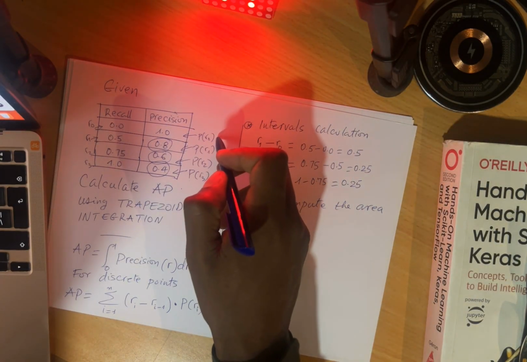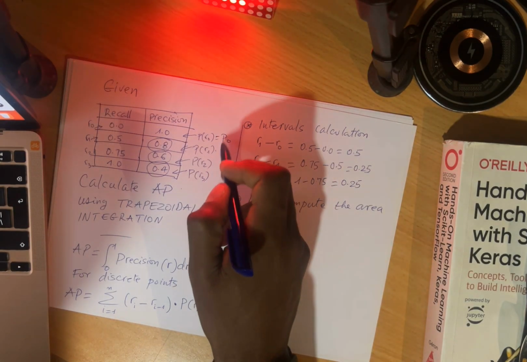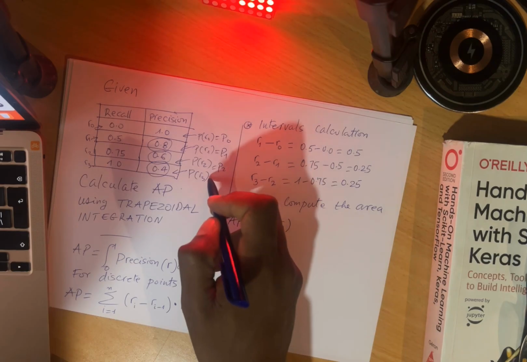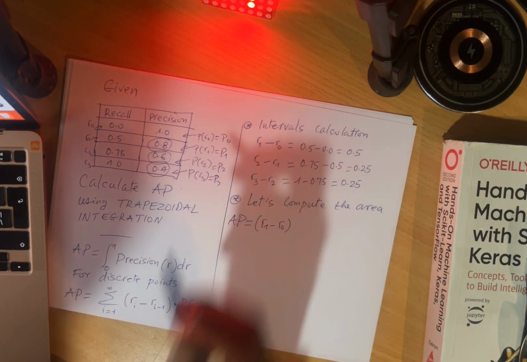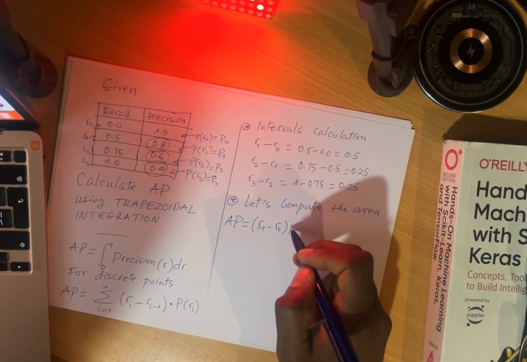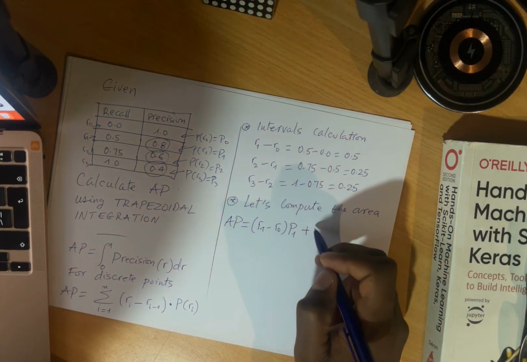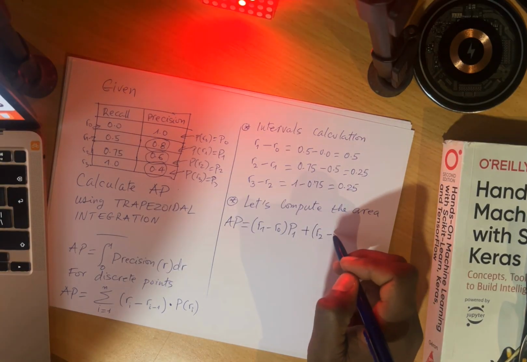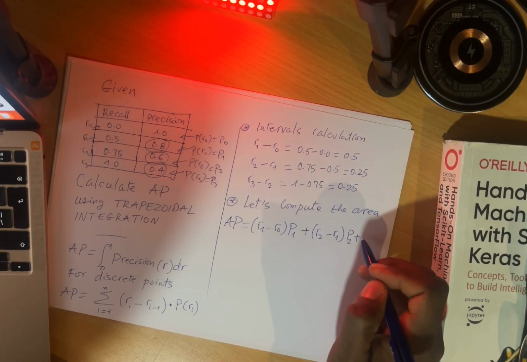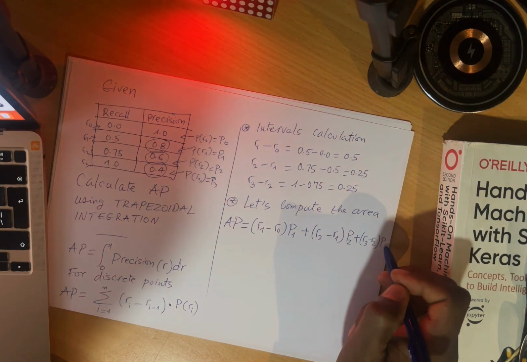If you want, we can call this P1. I know this is P0. This is P1. This is P2. This is P3. So R1 minus R0 times P1 plus R2 minus R1 times P2 plus R3 minus R2 times P3.